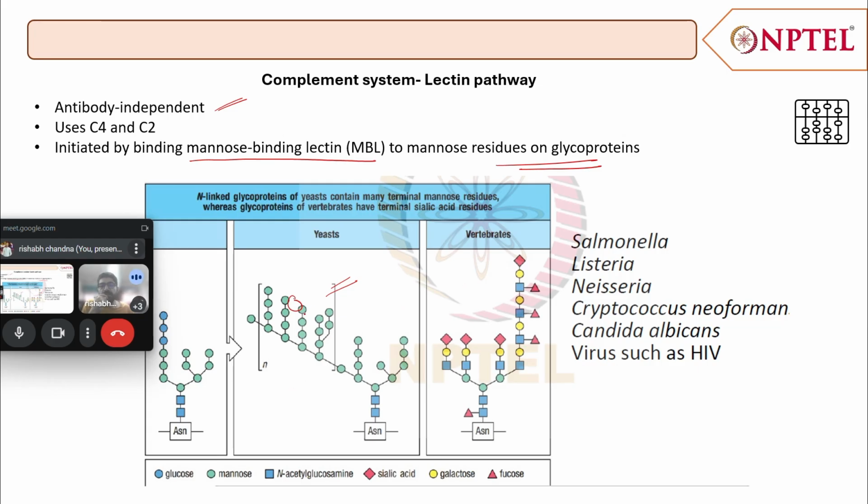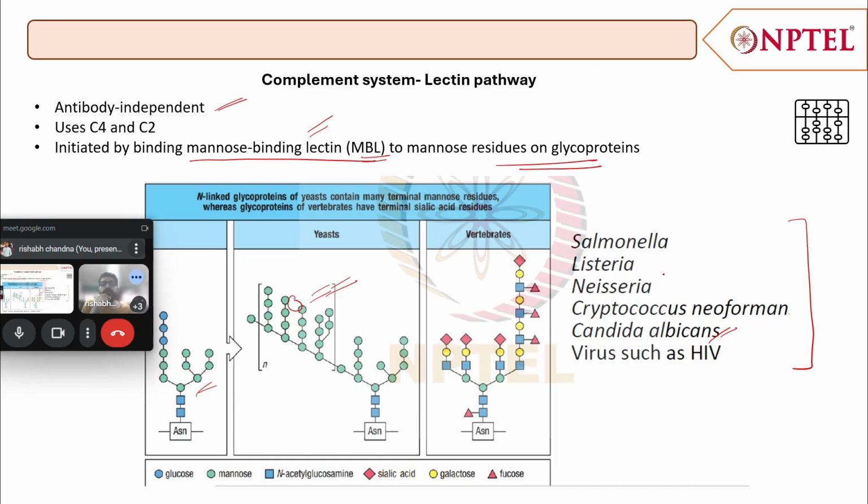So these are recognized by the MBL that is present in our body and in many bacteria. For example, here we can see the bacteria that have mannose bound on their surface, which leads to the activation of the lectin pathway. And here are some of the causative bacteria, viruses, and some fungal cells also.